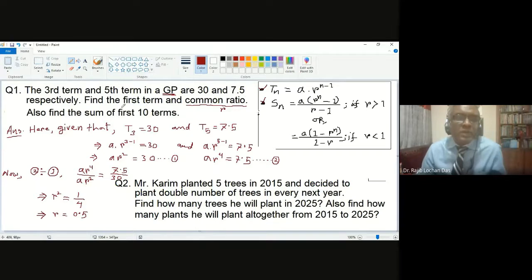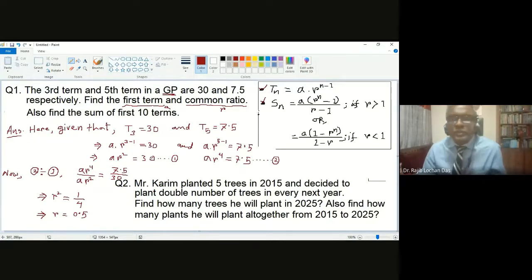Now you will find the first term. So the first term is actually A. So you will put this R value somewhere, maybe in 1 or 2, it does not matter. So you will put this R value and then you will find A. So you put this R value here, say in number 1.